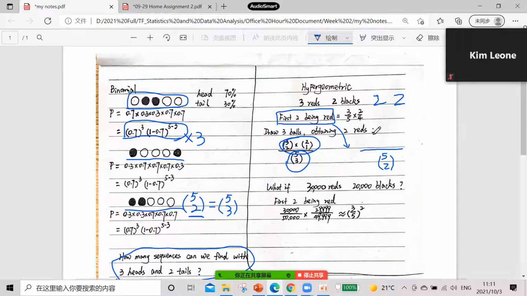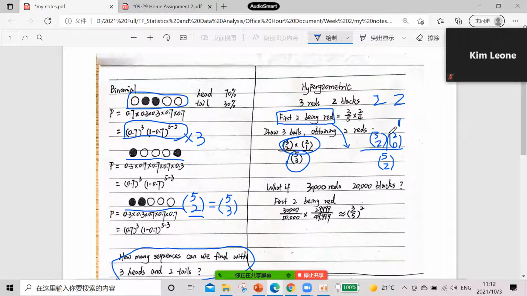So first I have to choose 2 reds out of 3 red balls, and I have to choose 0 blacks out of 2 black balls. This thing is just simply 1.